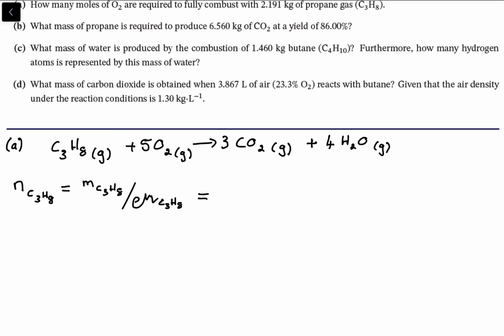The mass we convert to gram, so that is 2.191 times 10 to the power 3 gram, divided by the molar mass of propane, which you will see is 44.094 gram per mole.